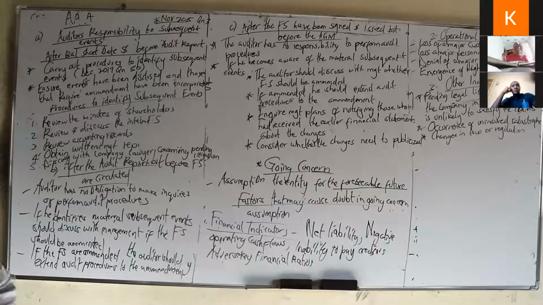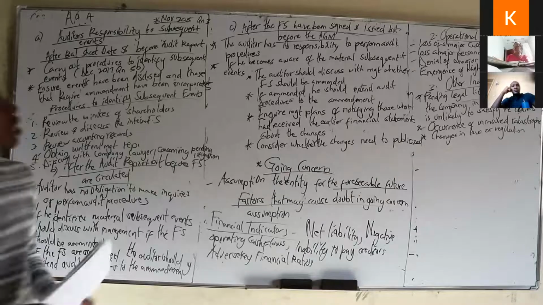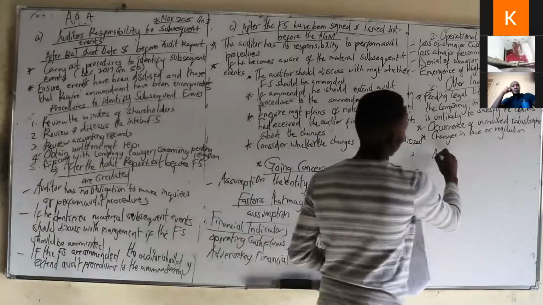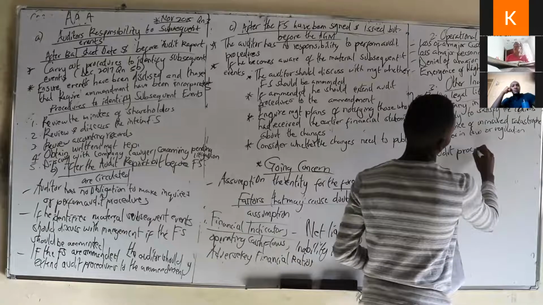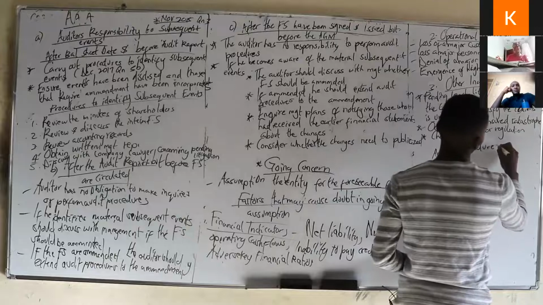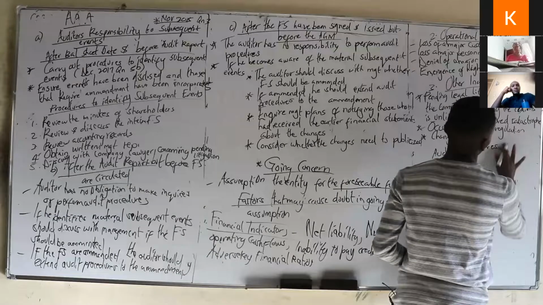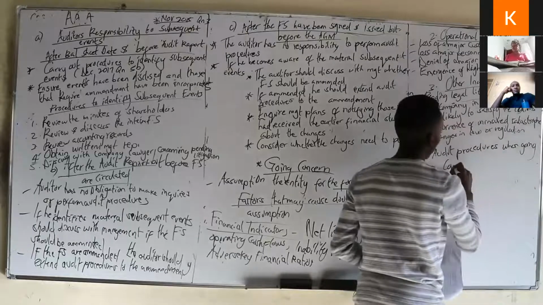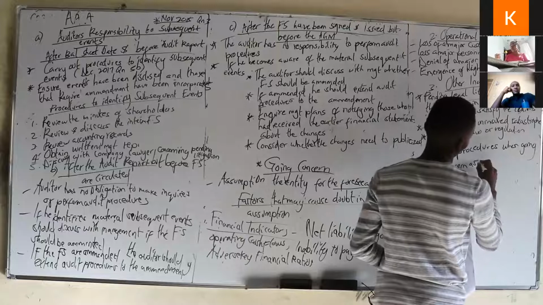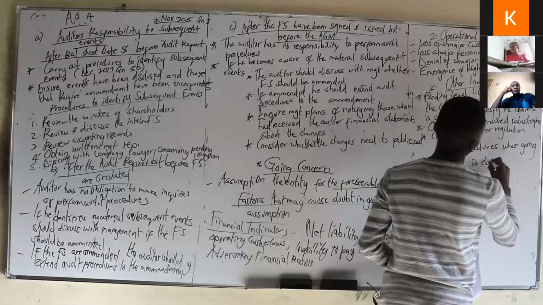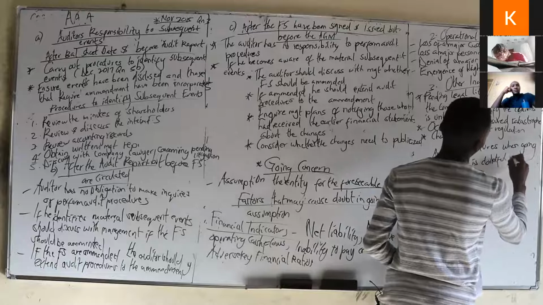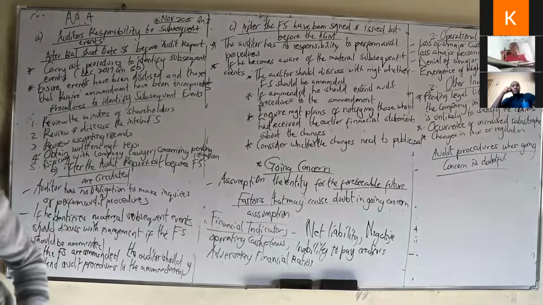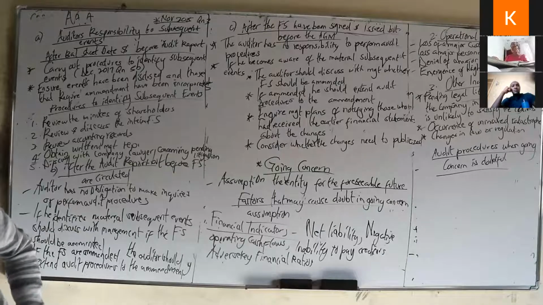And then what happens if this going concern now is questionable? So the audit procedures to carry out when the going concern assumption is doubtful. So one, you will inquire about the assessment of the entity's going concern.